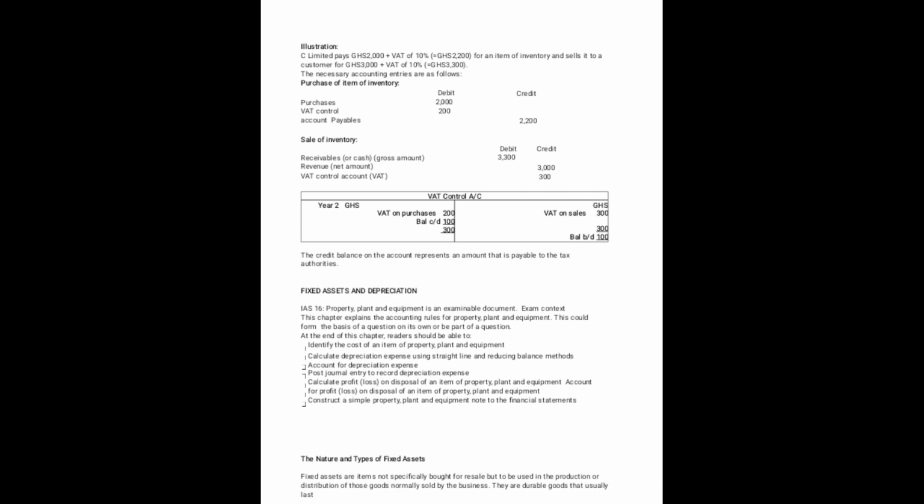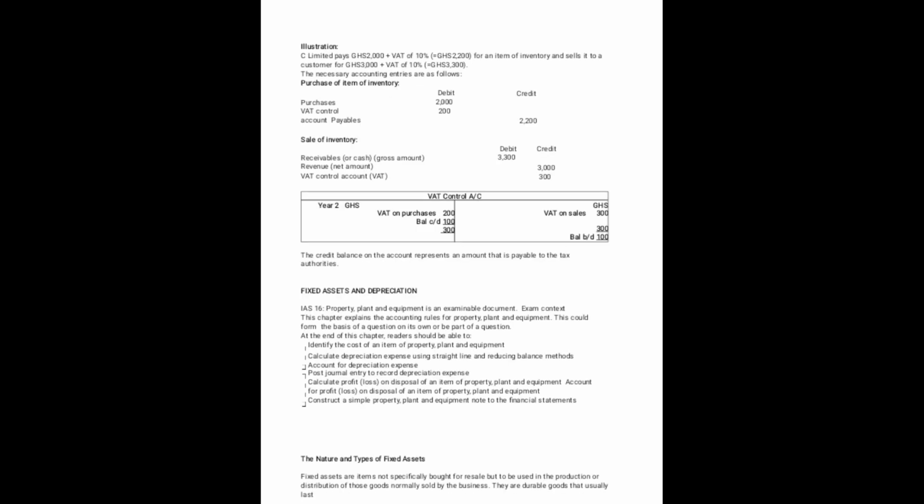Sale of inventory. So the sale of inventory, we are going to look at the double entry once again. So what happens? We record the receivables at the debit side at the gross amount. So we have 3,300 being the gross amount because that is the net plus VAT.